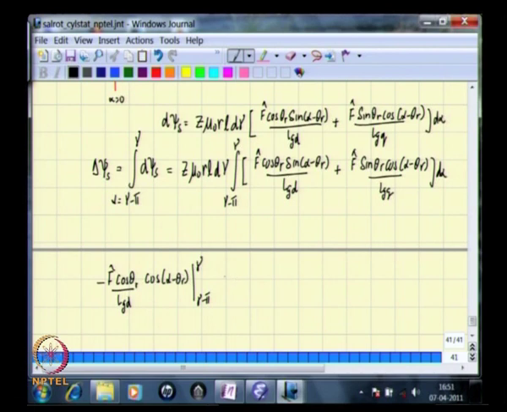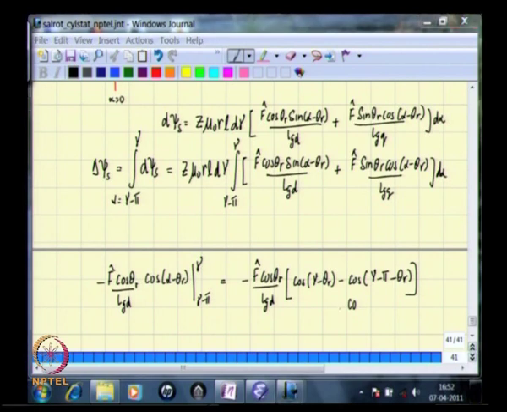This can be written as minus f hat cos theta r by LGD multiplied by cos of gamma minus theta r minus cos of gamma minus pi minus theta r, and cos of gamma minus pi minus theta r is the same as minus cos of gamma minus theta r.